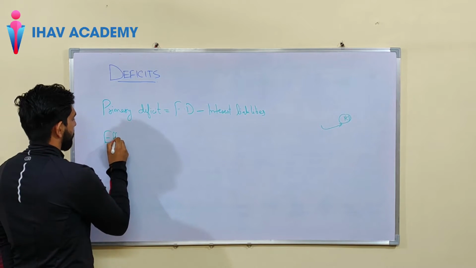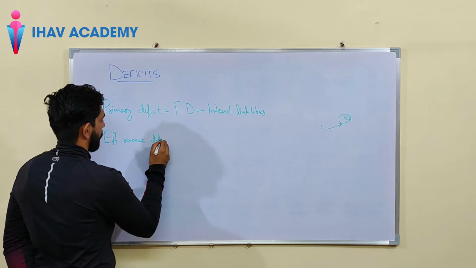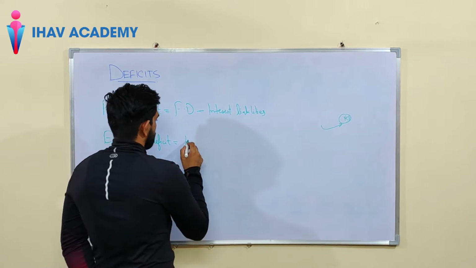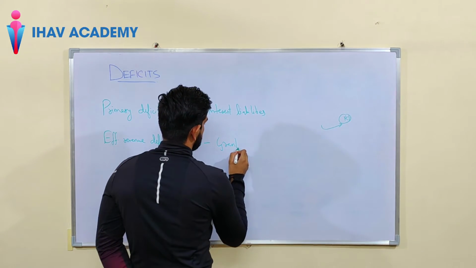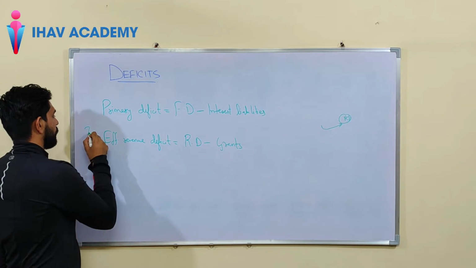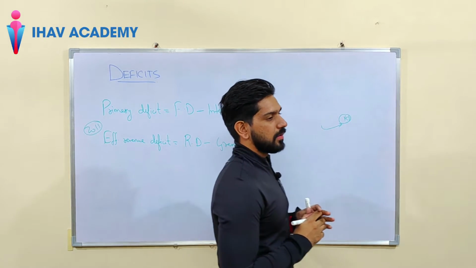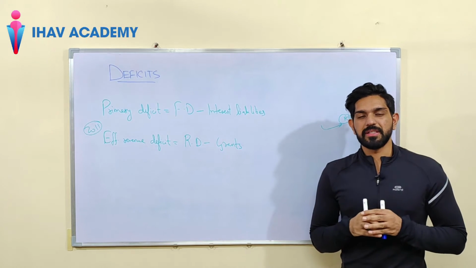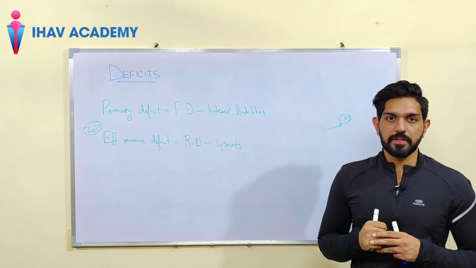Effective revenue deficit. Revenue deficit minus grants. Now why are we calculating this effective revenue deficit from 2011, I think. See, there are some of the grants, some of the money given to the states or panchayats.